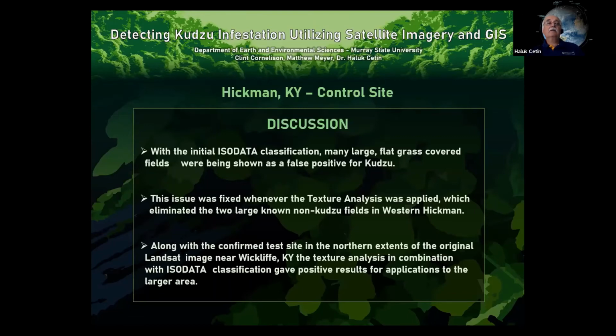There were too many non-Kudzu fields, but when we included ancillary data such as digital elevation models, slopes and texture analysis, integrated with the classification results, that approach really eliminated some of those non-Kudzu fields, but we are still having issues.